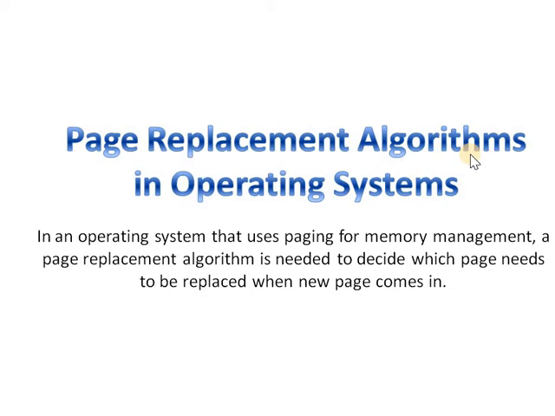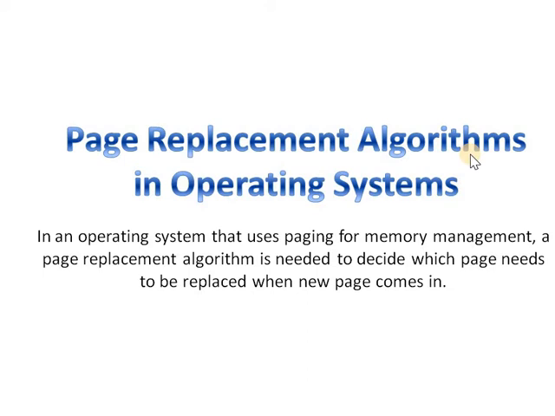When the page that was selected for replacement is paged out and referenced again, it has to be read in from disk, and this requires I/O completion. This process determines the quality of the page replacement algorithm.